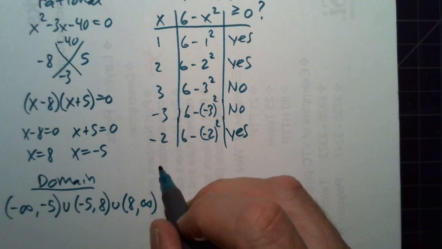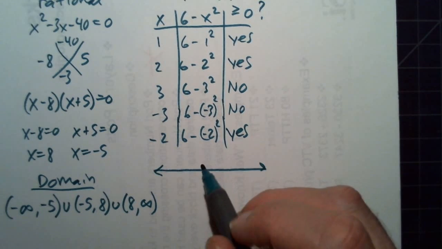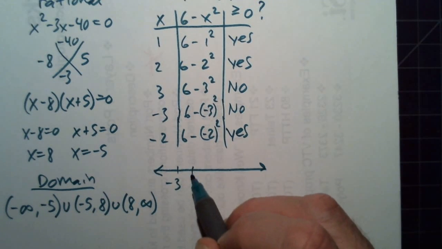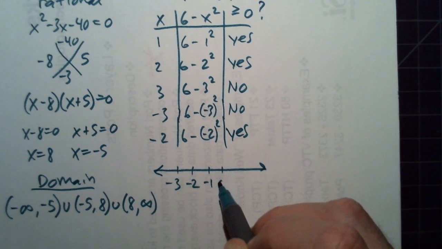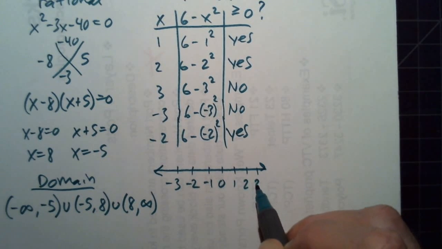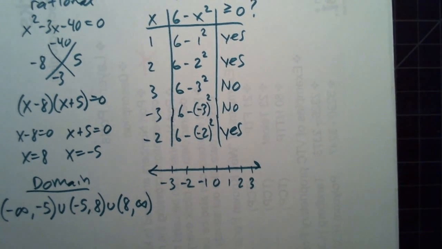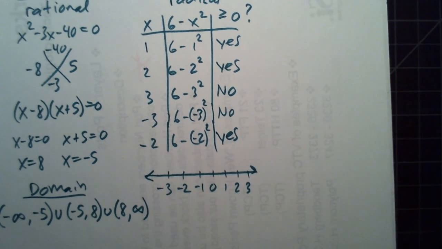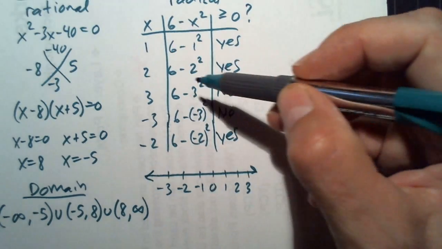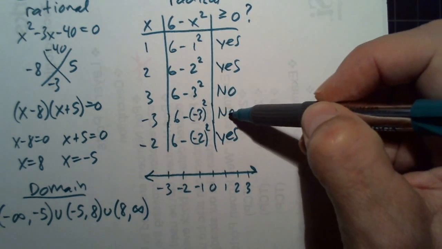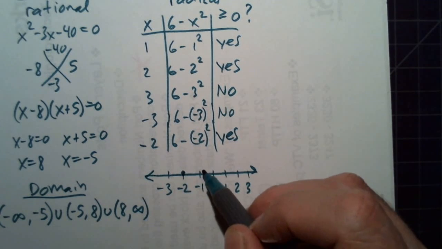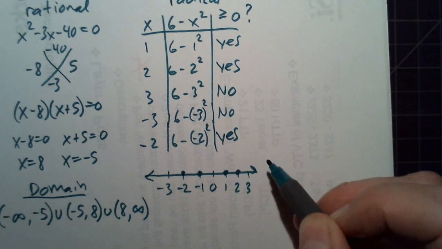So let's see what we have. The numbers that we want to keep are 1, 2, 3 is no, negative 2 works, negative 1, 1, 2.